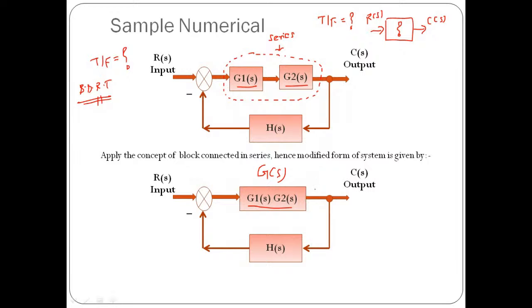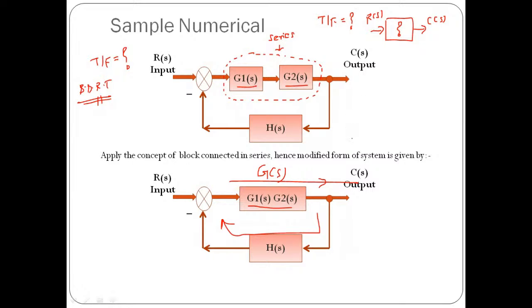That means the flow of signal will be in the same direction. But here we have one block in the forward path and another block in the feedback path. So here we need to apply rule number 3, that means elimination of feedback path. Here the value of G(s) is nothing but G1(s) into G2(s), and the value of the feedback path block is nothing but H(s).